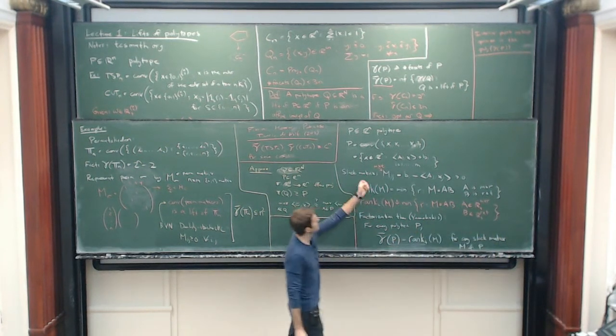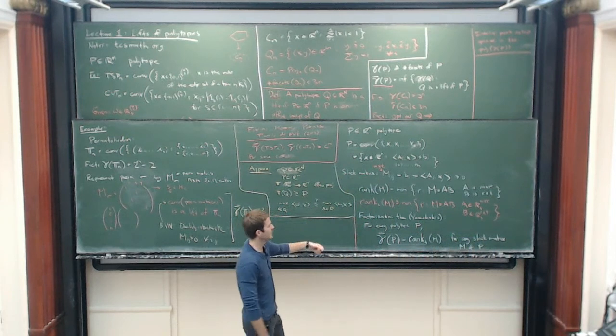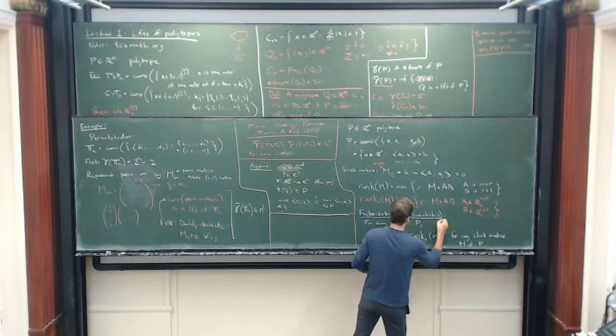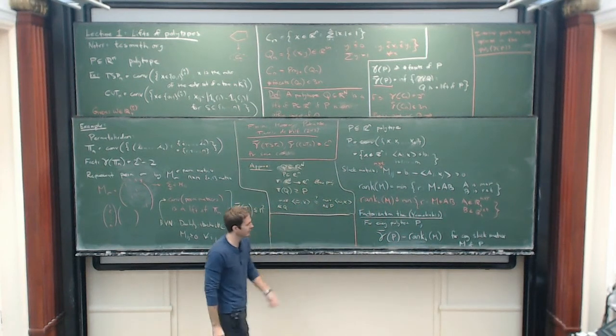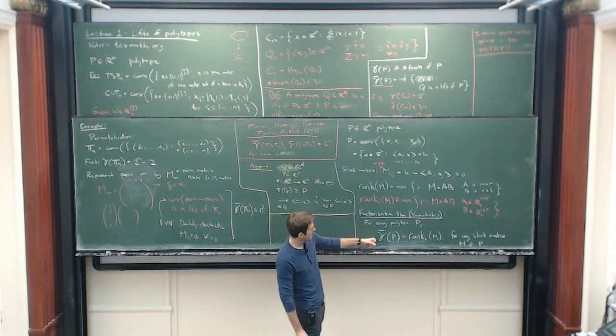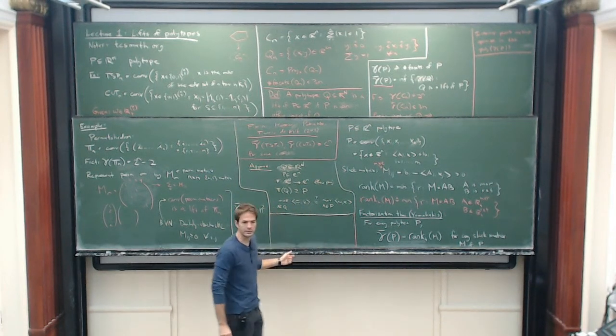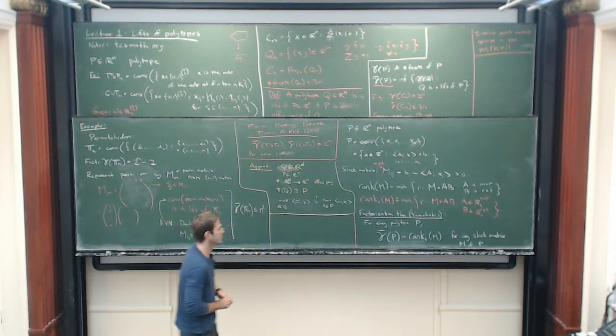So we could come up with different representations of P. We would get different slack matrices. It doesn't matter which one you use here. The non-negative rank of any slack matrix gives you precisely the size of the smallest lift for P.